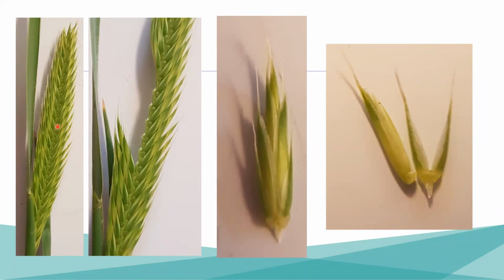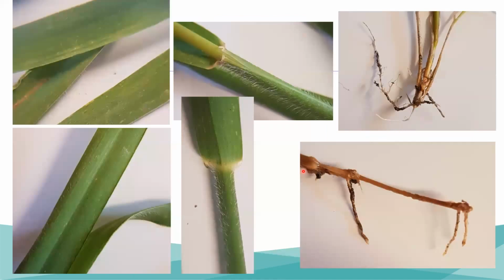Here's our spikelet, our spike. I've removed some of the spikelets. You can see that it is a spike. They are attached directly to that central stem. And you can see here we actually do have some tips, some awns on the tips of our florets. And we have multiple florets in the one spikelet. We have a bit of hair on the blade of the grass again.